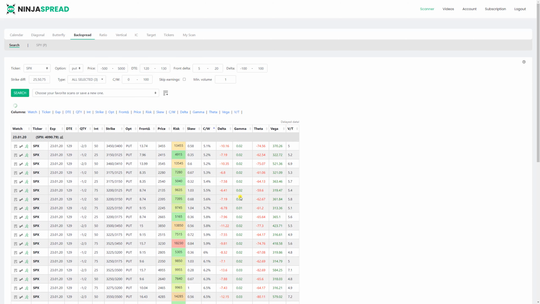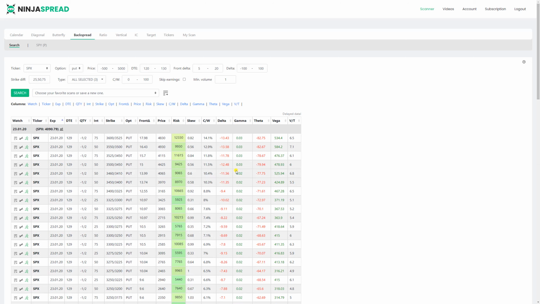put backspread, I guess it's also very important to see the VT, which is the Vega per theta ratio. You can sort the table by Vega theta ratio, and here are the standard cumulative deltas. You can obviously define those by specifying here.